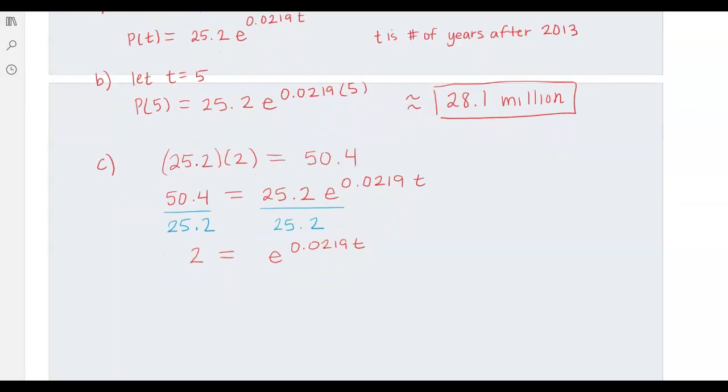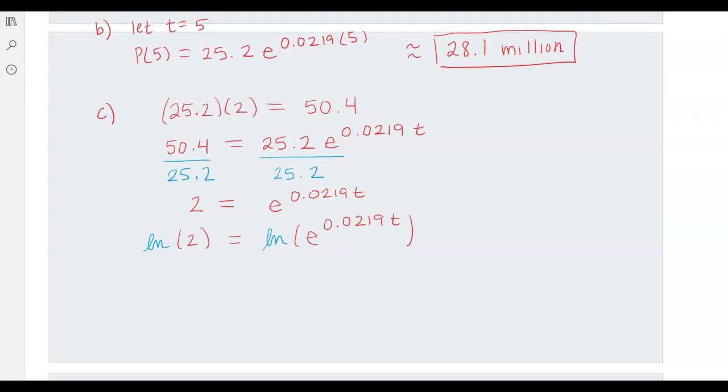I'm going to take the log of both sides, the natural log, because I have e in this equation. And so then I have on the right-hand side, the natural log and the e will cancel each other, and I have 0.0219 times t equals natural log of 2.